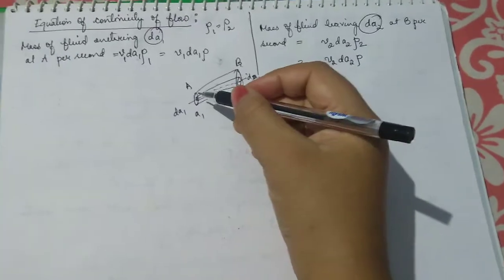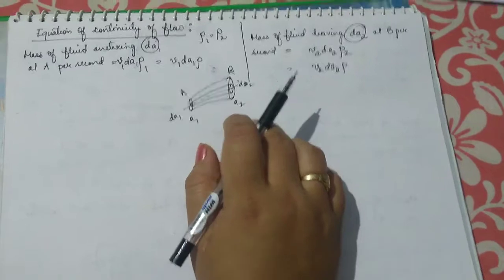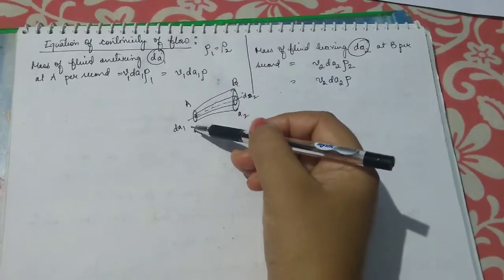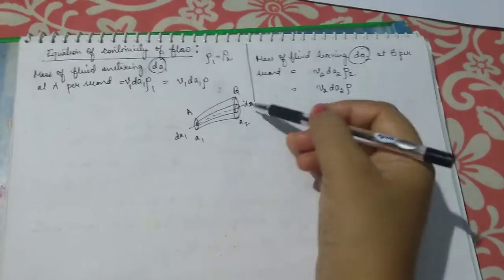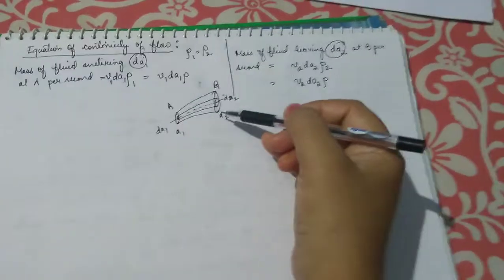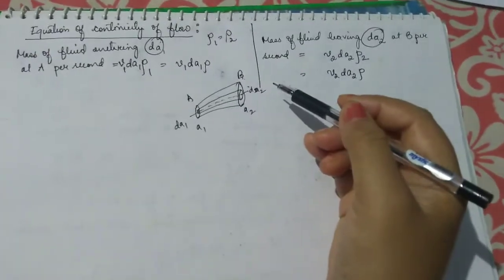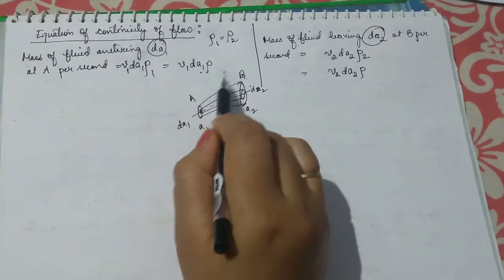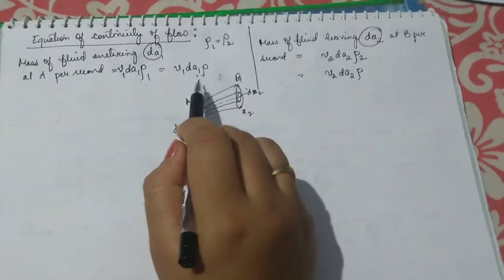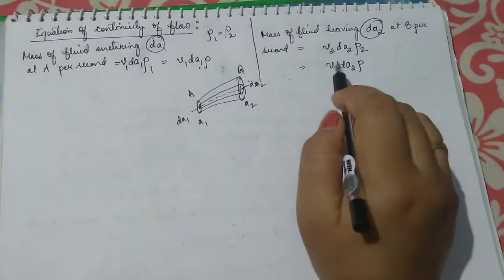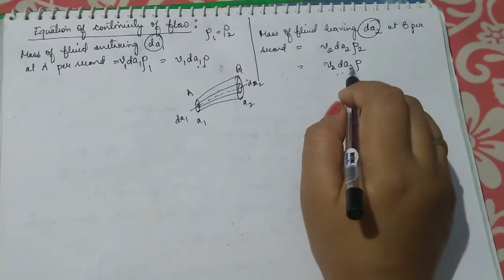Now if I want to get it for the whole tube, according to the law of conservation of matter, the fluid entering the whole cross section of A in a particular interval of time should be equal to the fluid leaving the whole cross section of B. So this is for dA1, and I will have to integrate it to get the whole for A1. Similarly, this is for dA2, and I will have to integrate this to get the whole for A2.